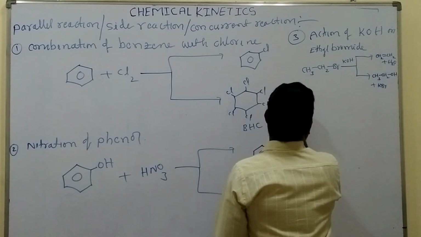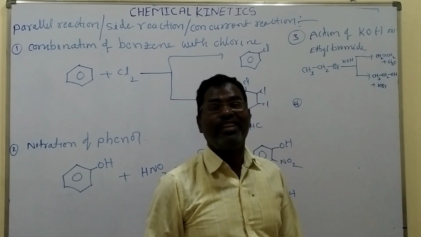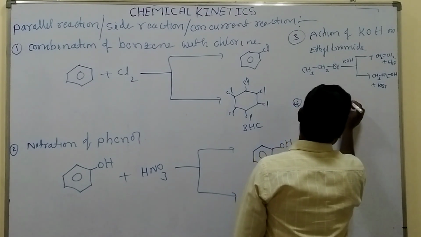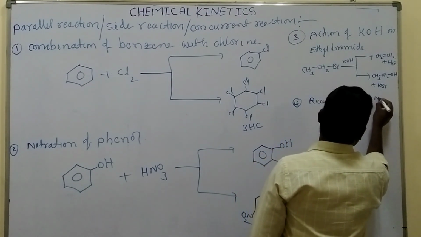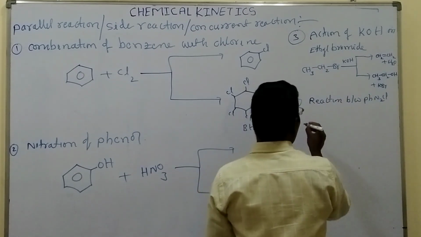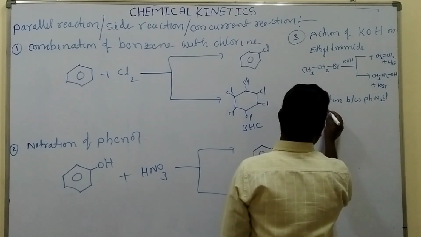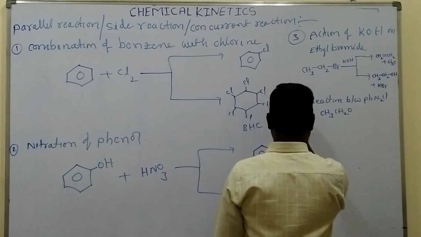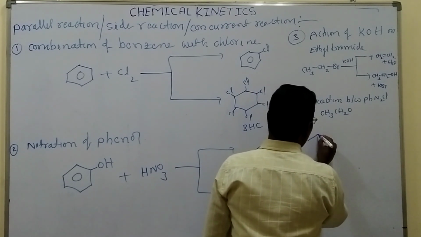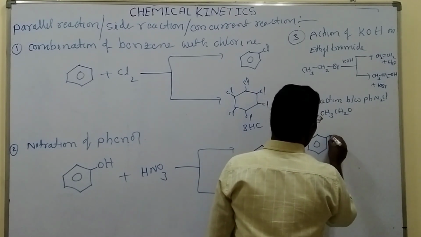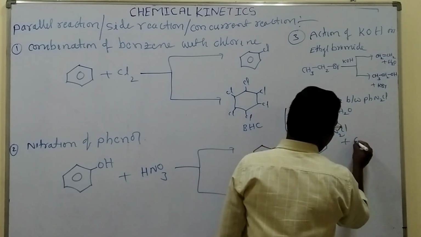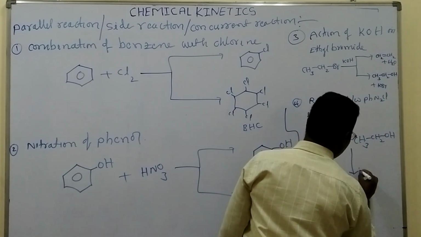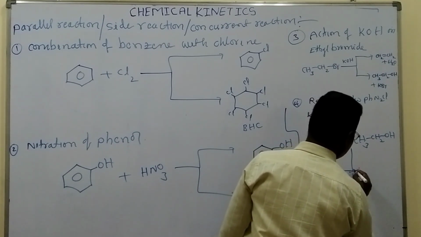The fourth one is the reaction between benzene diazonium chloride and ethyl alcohol, CH3CH2OH. Take benzene diazonium chloride, C6H5N2Cl, plus ethyl alcohol, and you can get two types of products.